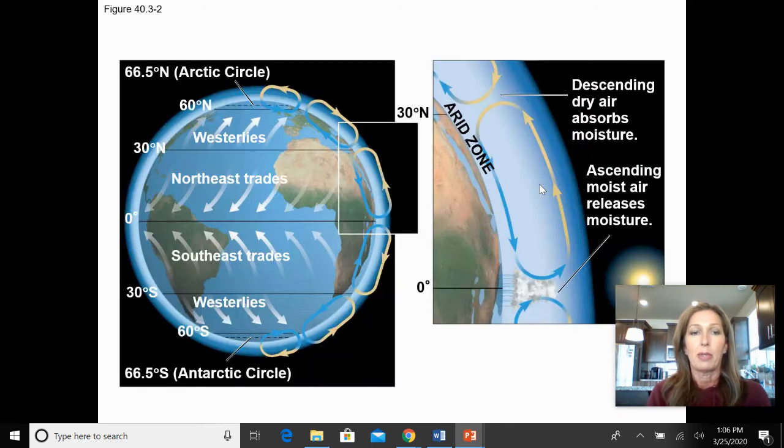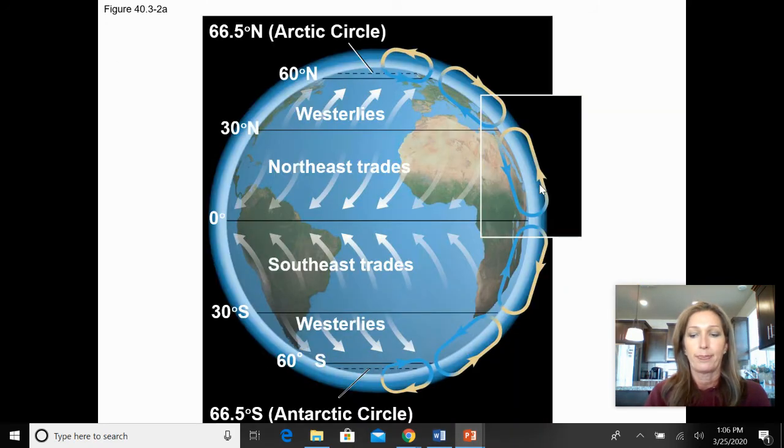So with that, that's going to be creating different patterns of wind distribution, of water distribution. Again, you don't need to know what are westerlies and northeast trades, but just recognize that that uneven heating pattern of the earth is going to cause these different wind patterns and the shifting of the water.